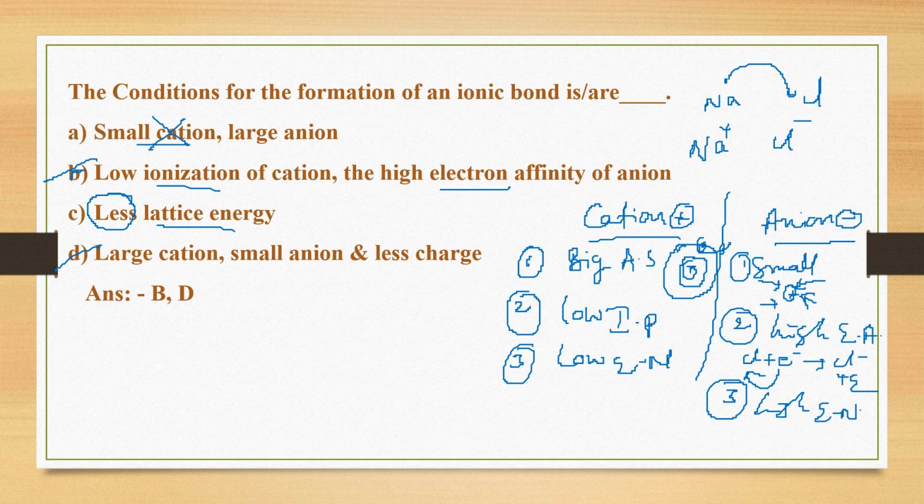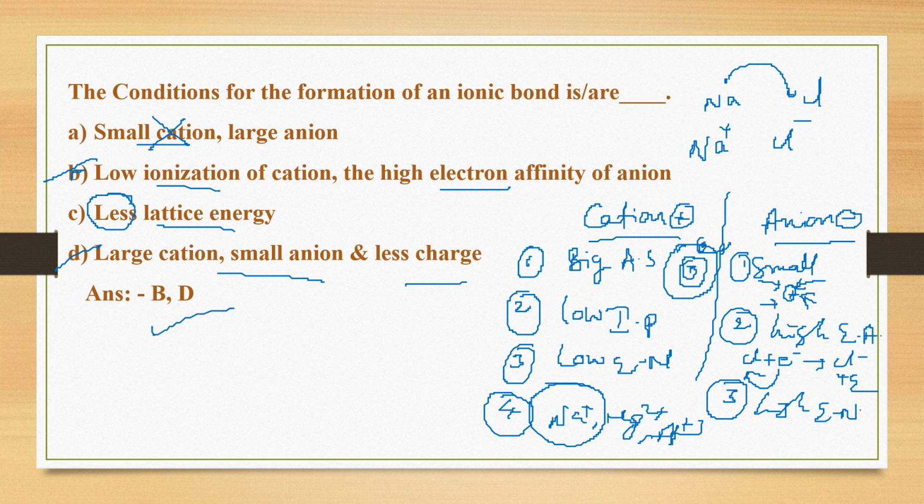Option D is given as large cation as well as small anion, less charge. If we talk about the charge, suppose Na plus ion, Mg2 plus ion and Al3 plus ion. Among these, Na plus is formed more easily, meaning less charge forms more easily compared to high charges. So options B as well as D are the right answer.